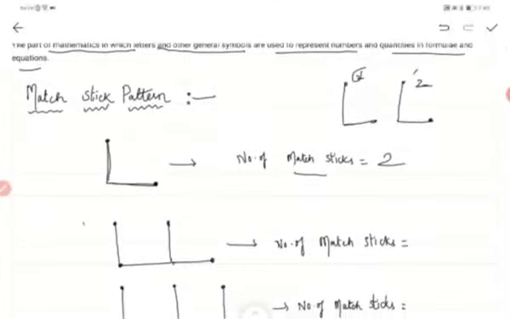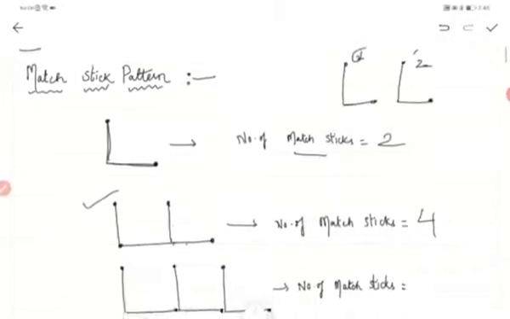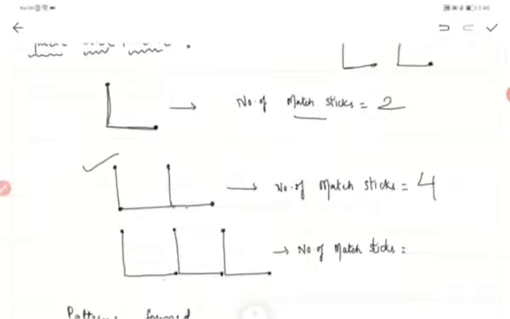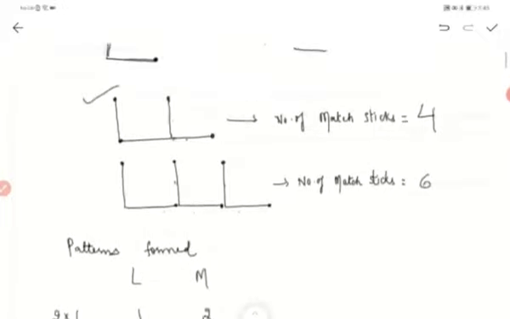So in order to make a pattern of this type, side by side L, I will need 1, 2, 3, 4, 4 matchsticks. Now suppose I want to make 3 L's side by side like this. I will need how many matchsticks? 1, 2, 3, 4, 5, 6. 6 matchsticks, right?